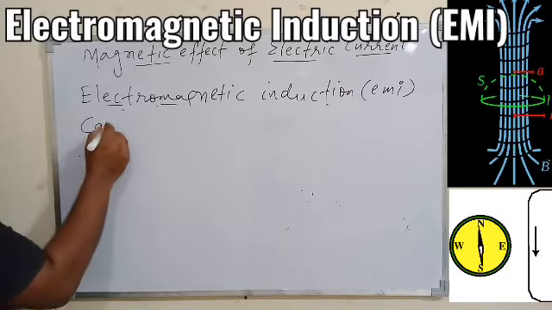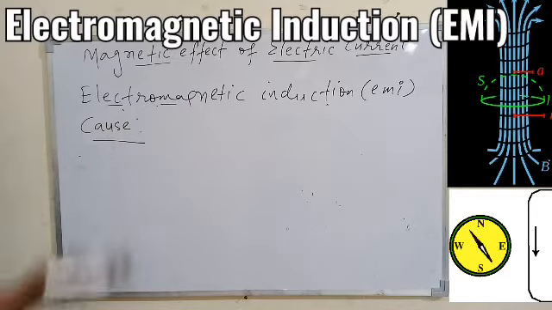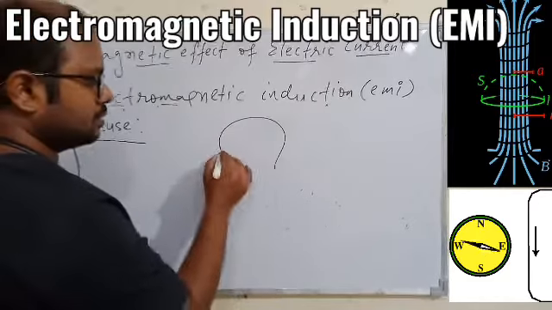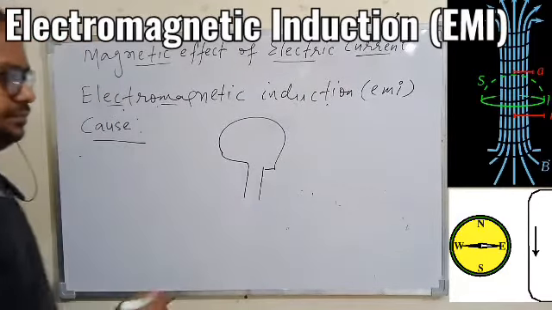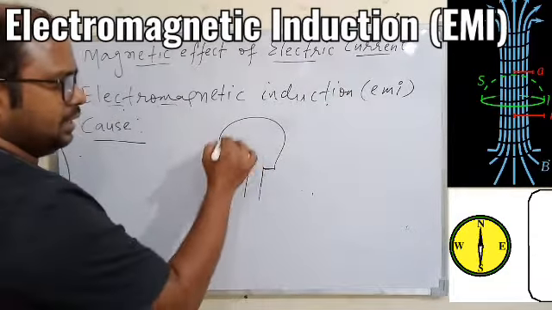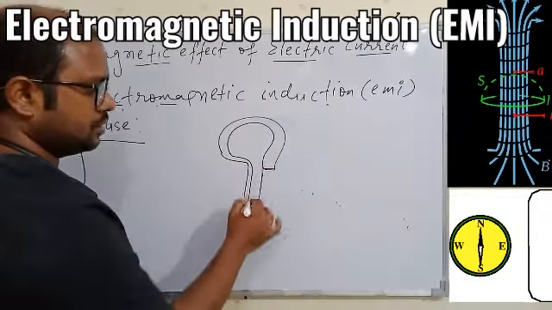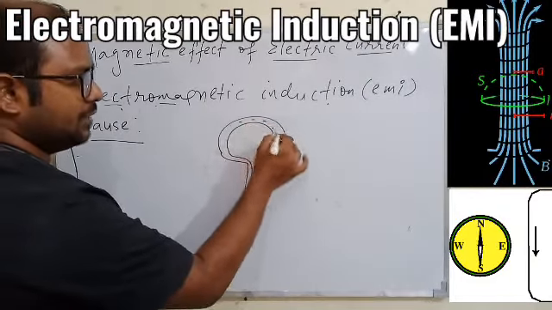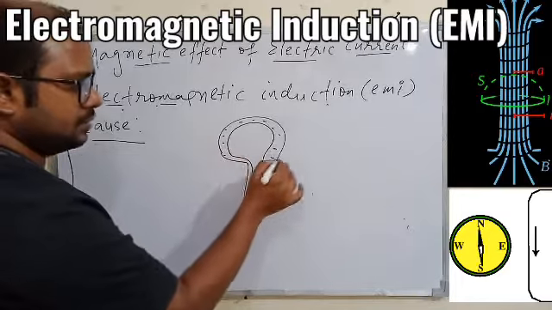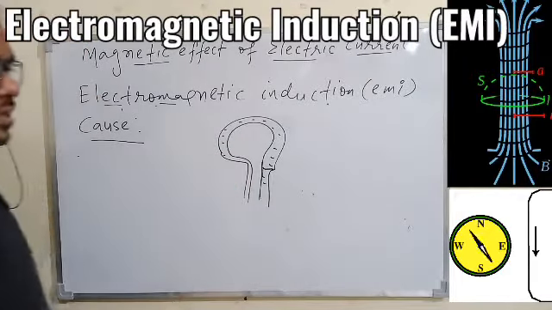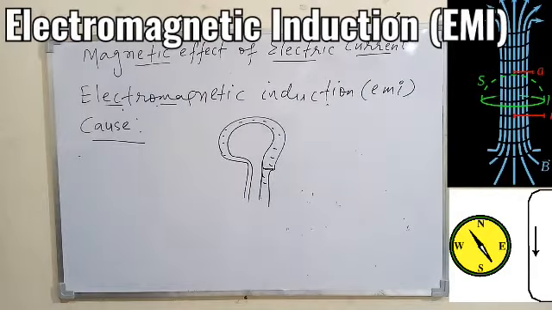And briefly you should know the cause, not much detail in class 10. In any conductor, I am showing a bigger picture now, we have lots of free charges, the electrons are free.